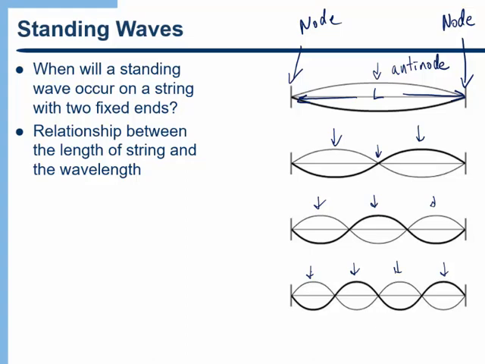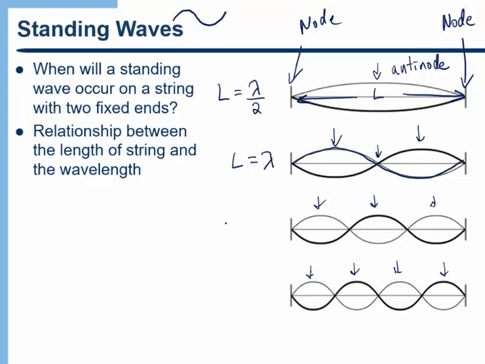And you'll notice that in the first case, since we know a wavelength looks like that, L is equal to lambda over 2. In other words, there's half a wavelength on that string. In the next case down, L is just equal to lambda because there's one wavelength on that string of length L.